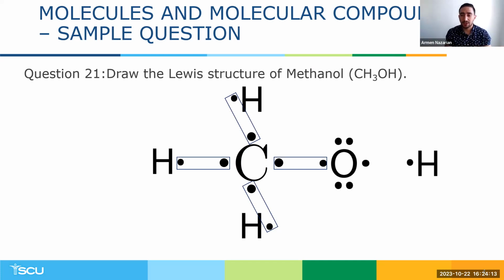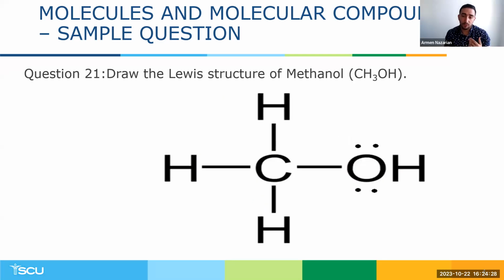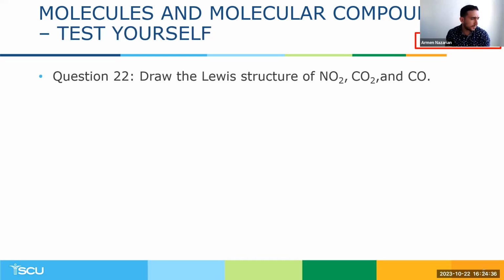What remains is an oxygen and a hydrogen, so they can share their electrons and constitute the 5th covalent bond, which if we were to convert these shared electrons into bonds, will look like this. Pay attention that the lone pairs on oxygen are still there after all the bonds are formed. If you want to test yourself some more, you can do the following question.